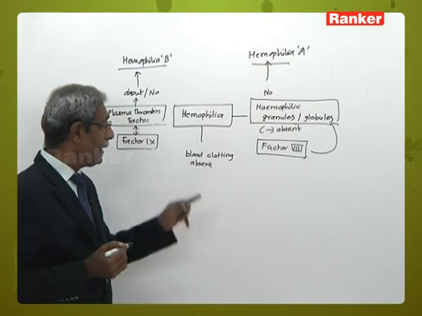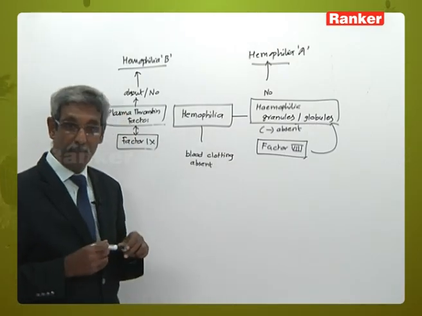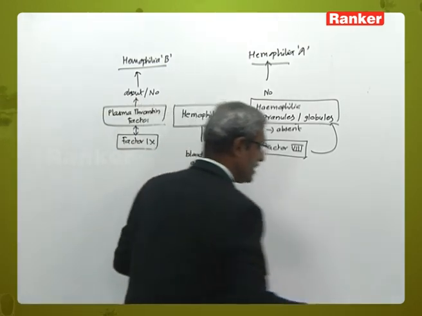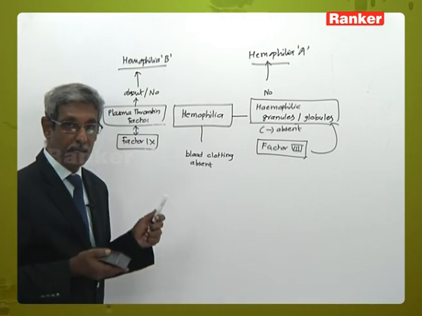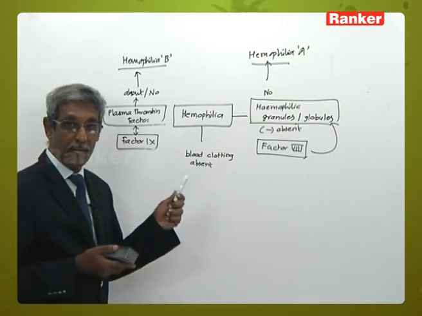Now we are looking at the pattern of inheritance of hemophilia. This is the basis for hemophilia, and now we look into the genetics, or what happens when sex-linked disorders get transmitted.